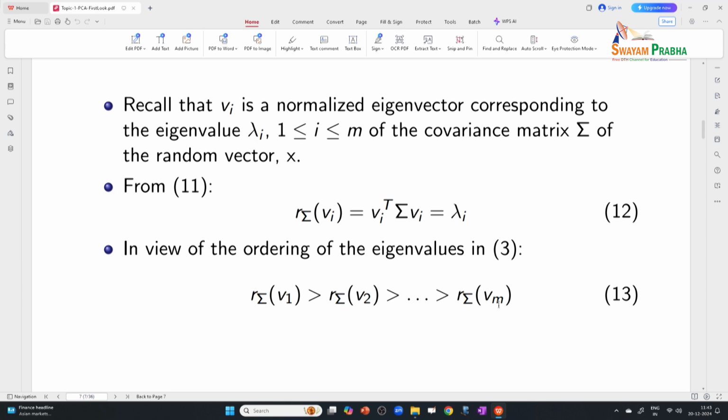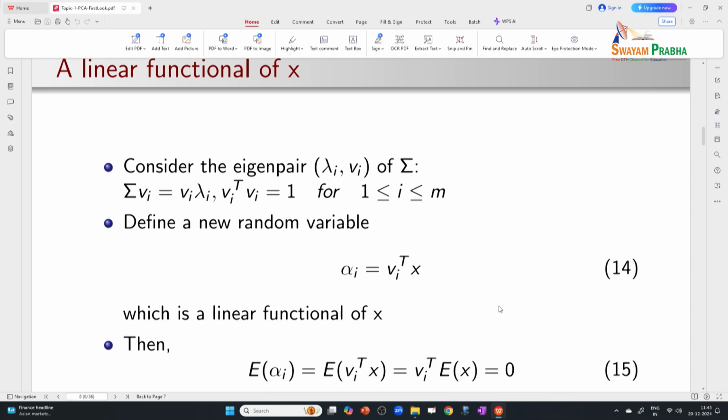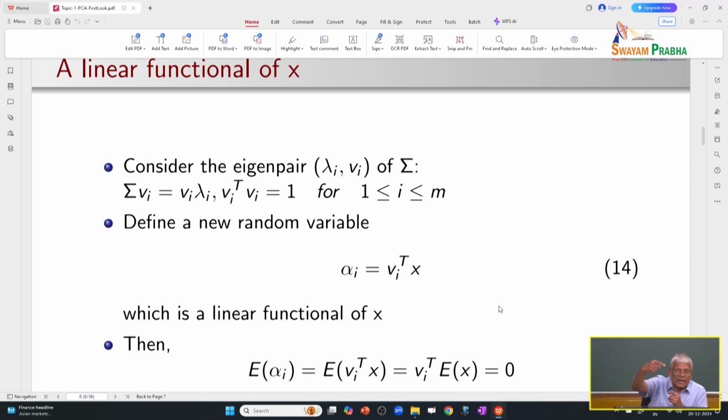So 13 is a direct consequence, which is the combination of the definition of the Rayleigh coefficient and the ordering of the eigenvalues. Now I am going to consider a linear functional of x. Please understand, I have a design problem. I want to express x using principal patterns and principal components, and that's what I am working towards.